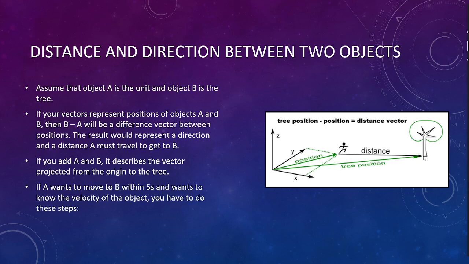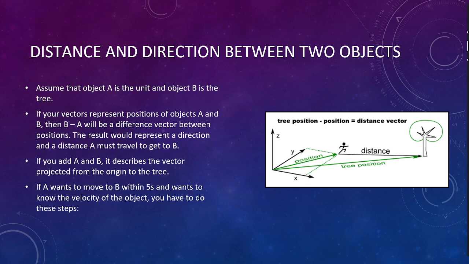Saying na parang galing siya sa tree, or the other way around. Si player origin, tapos yung tree yung position. That is what happens when you add. No matter where you place A or B, same thing.